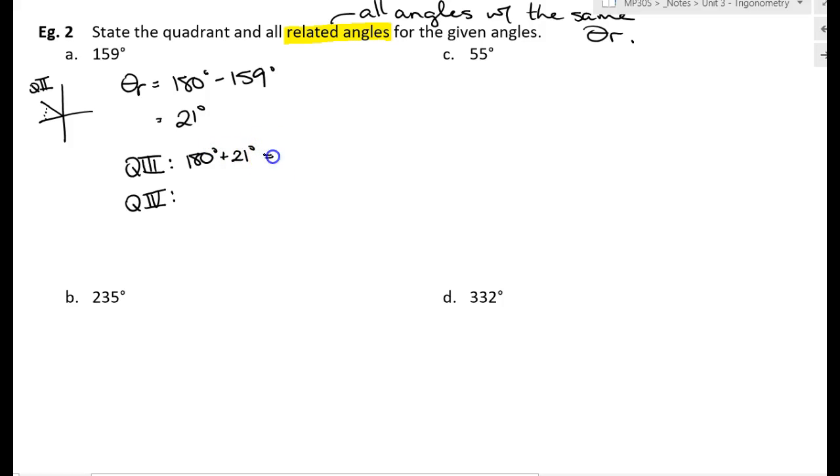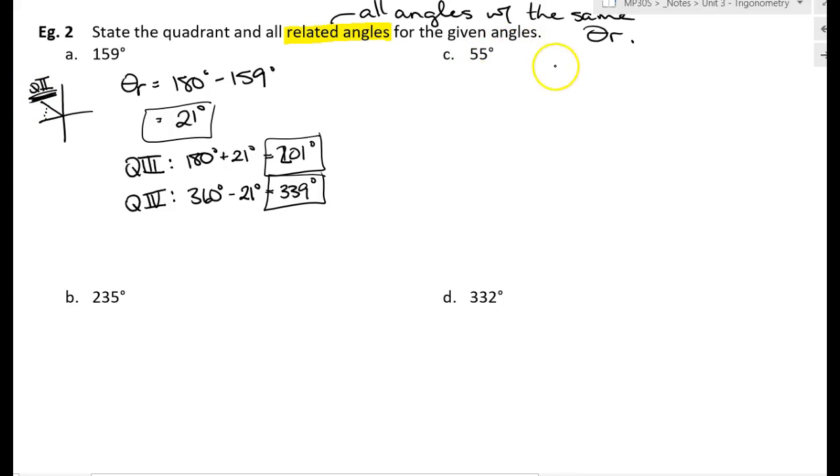Do not forget your degrees signs. That's your unit. It's just like meters. And we're going to get 201 in quadrant 3. We're going to go 360 minus 21 for quadrant 4, which gives me 339 degrees. So those are all of my related angles, and it started in quadrant 2. So that's my answer to the question.